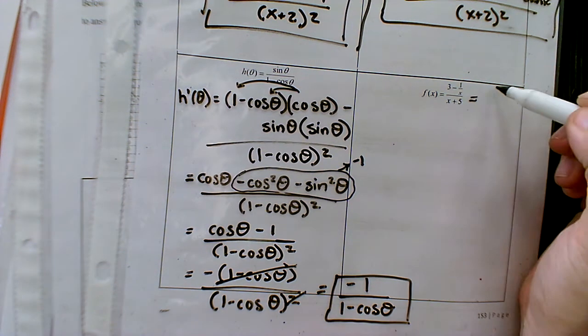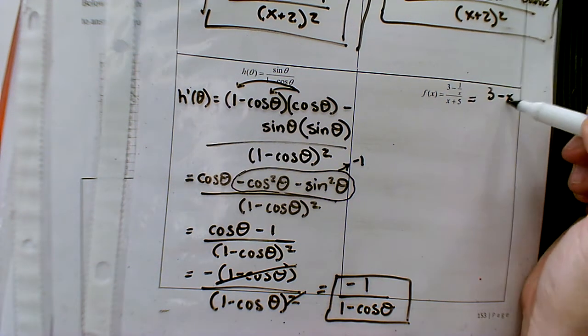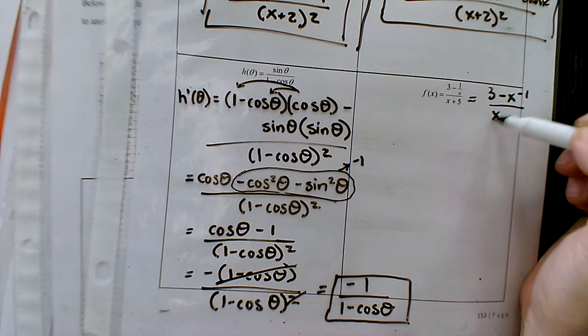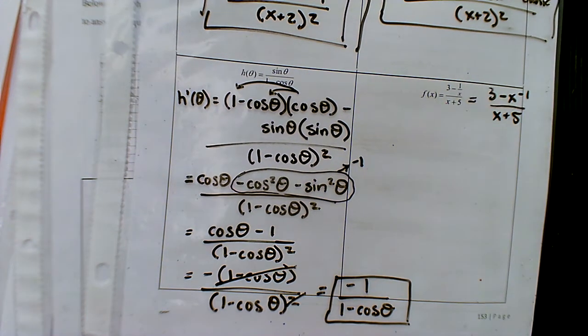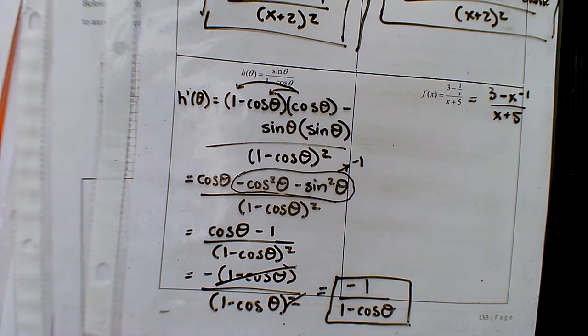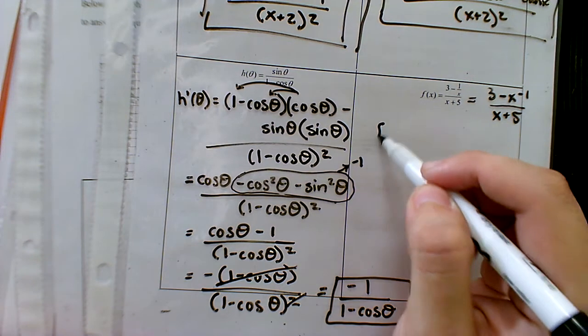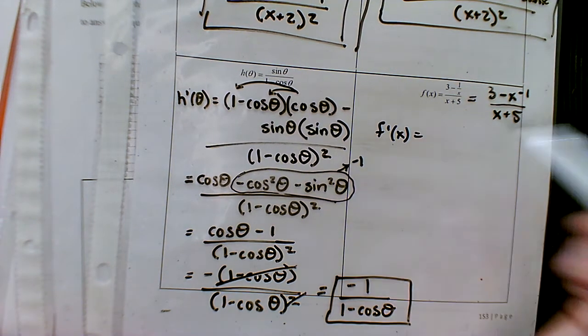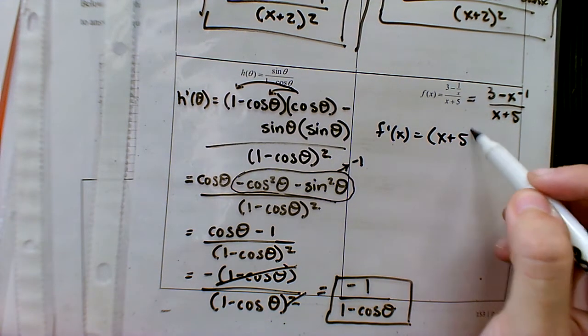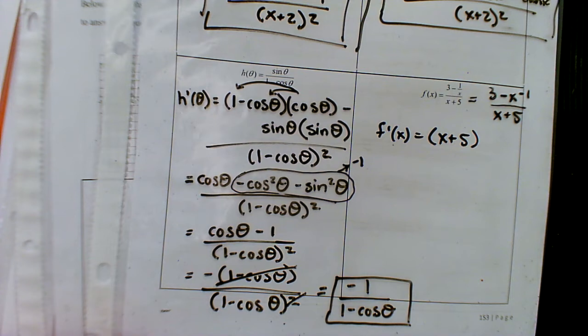Yeah. 3 minus x to the negative first over x plus 2. I like that. Okay, so if you want to bring up that x, make it a negative power, that'll get rid of the fraction. You could do quotient rule within quotient rule, okay, but that might take some time. Still possible, though. Let's see what our derivative would look like. So we need low d high.